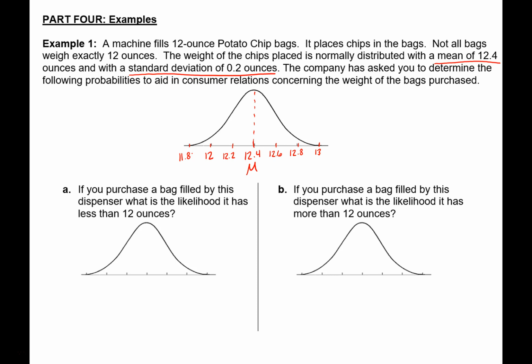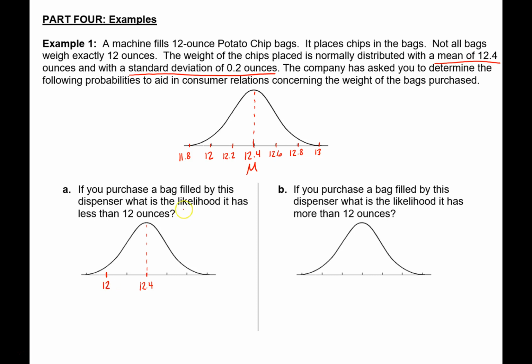So we're going to look at some probabilities that the potato chips in the bag are more or less than 12.4, the average. Okay, so if we purchase a bag filled by the dispenser, what is the likelihood it has less than 12 ounces? So on our normal distribution, we know that our average, or our mean, is 12.4. We also know by the labeling I just did that two standard deviations to the left, that's where 12 is.